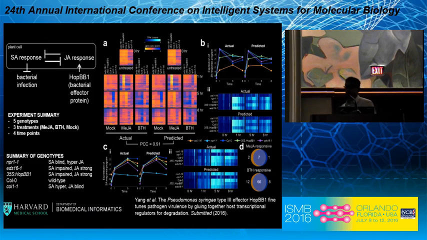Now, of course, this was a more hypothesis-driven approach where we knew what we were looking for. We knew that we were interested in the JA or SA response, but sometimes you want to do something more hypothesis-free. And so in this case, we did a differential transcriptional program expression analysis.